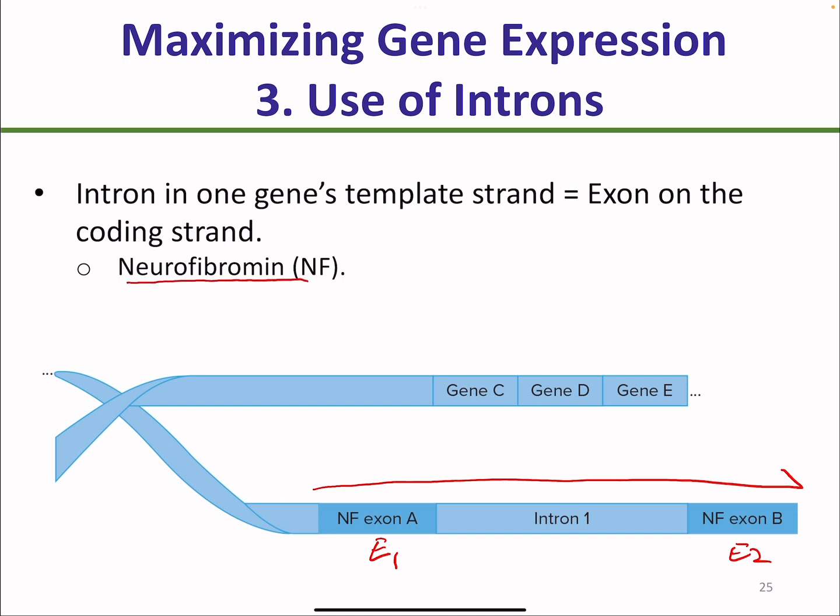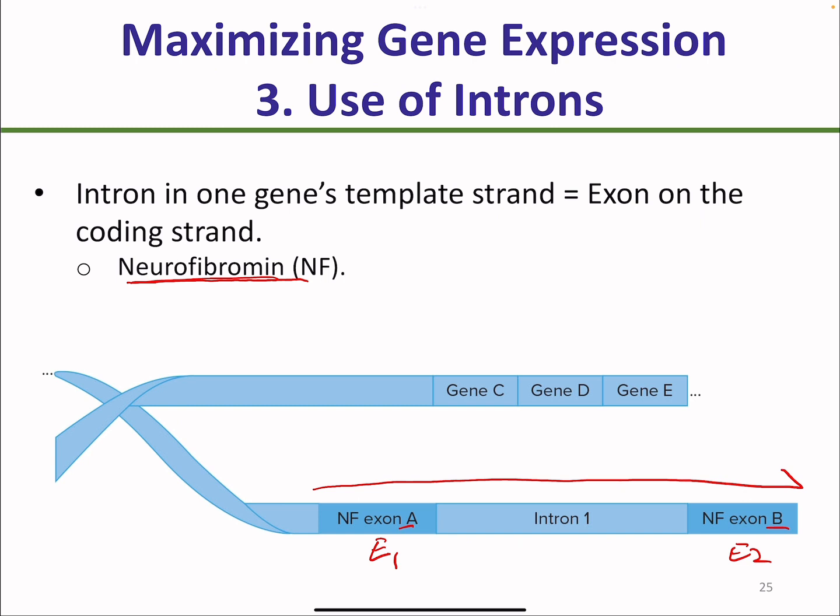When the gene is expressed, you're going to have splicing, and that splicing brings exon A and exon B together to produce neurofibromin.